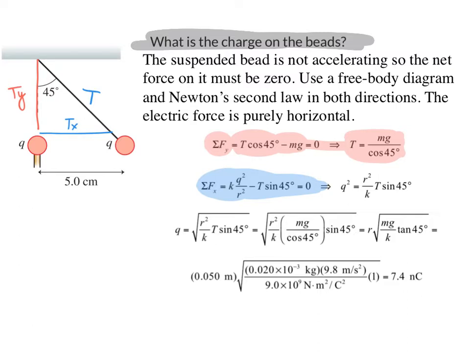So since we've already solved for T, and we want to know the charge on the beads, it's good to get an equation that has q all by itself on the side of the equal sign. So we get our q squared, and then it's a math problem. And I'll just let you copy that. So you would take this piece and jam it in where T is, and the rest is math history.